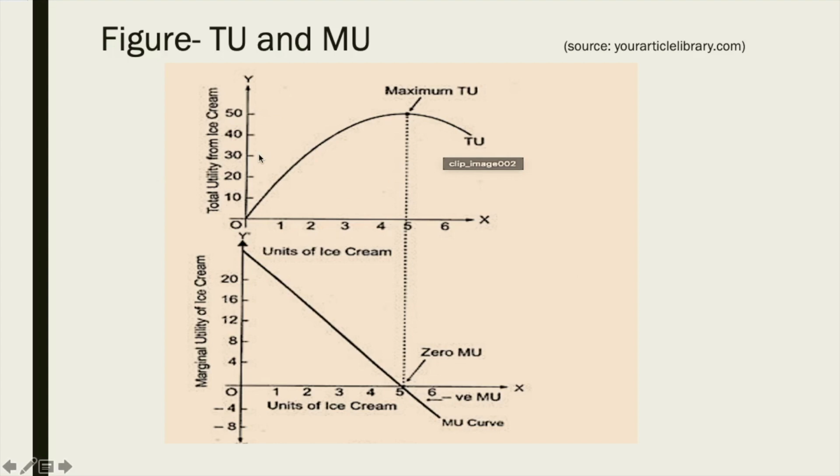Have a look at this figure where the total utility curve is drawn, and in the figure below, the marginal utility curve is drawn. We can see that the total utility curve is increasing till the fourth unit. After the consumption of the fourth unit, the total utility is the same for the fifth unit as well. This figure is just a graphical depiction of the table.